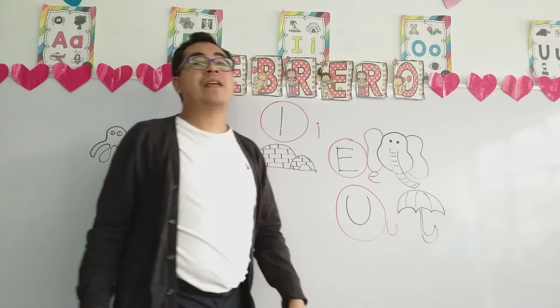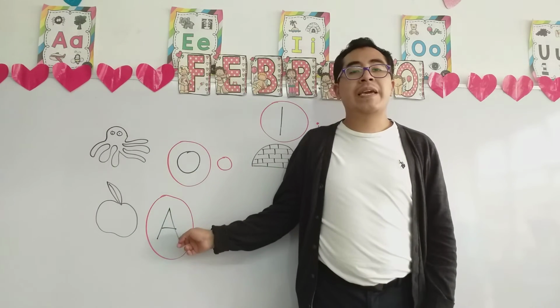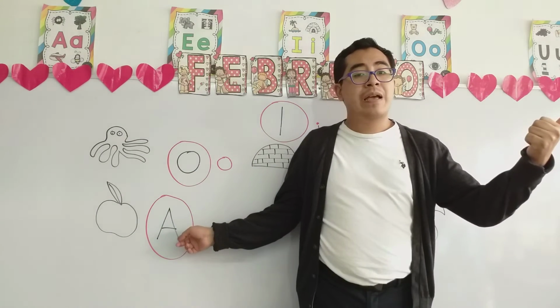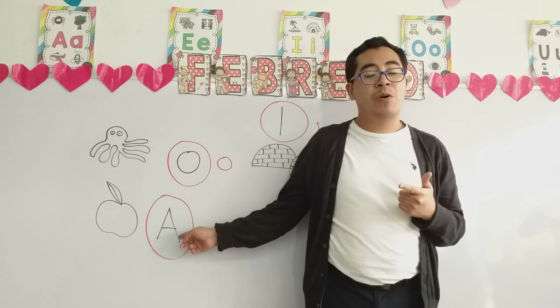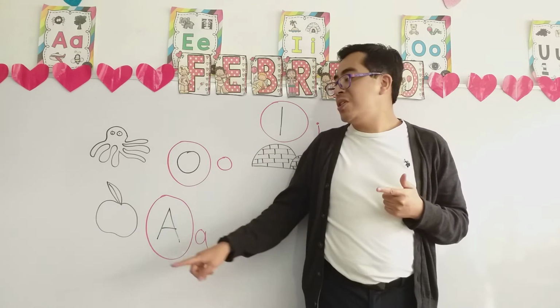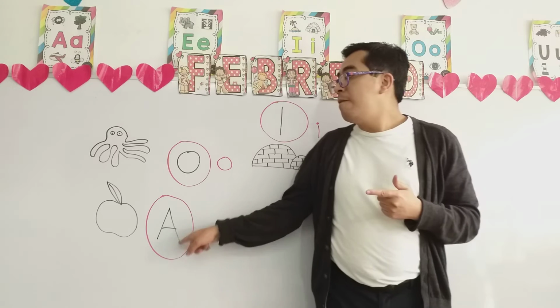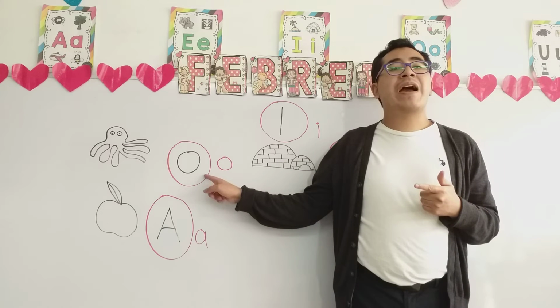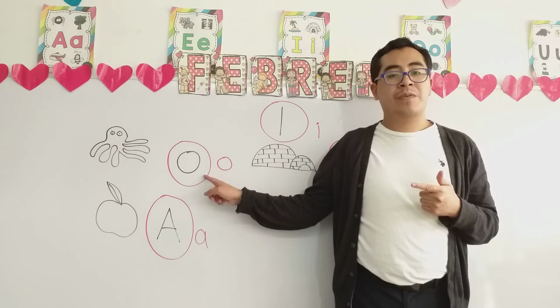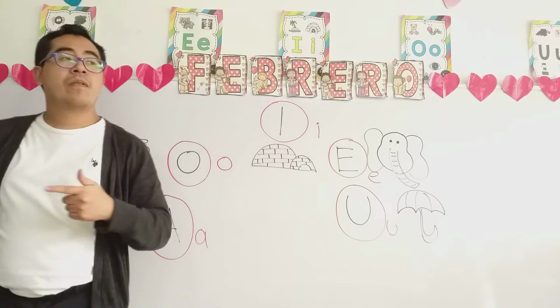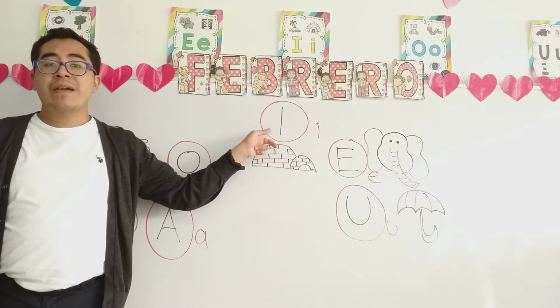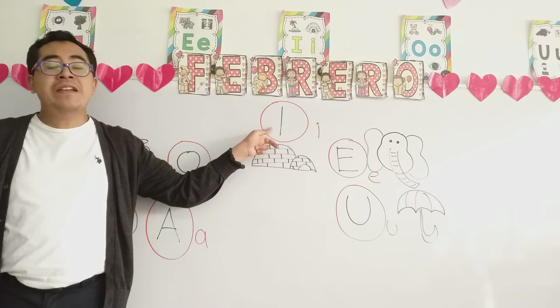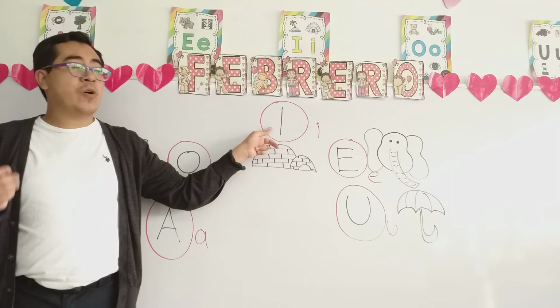In the case of the letter A, we can say the name of Alondra, Ainhoa, for example. That is a name that uses the letter A. For letter O, we have Oscar. For letter I, we have Irma or Ignacio.